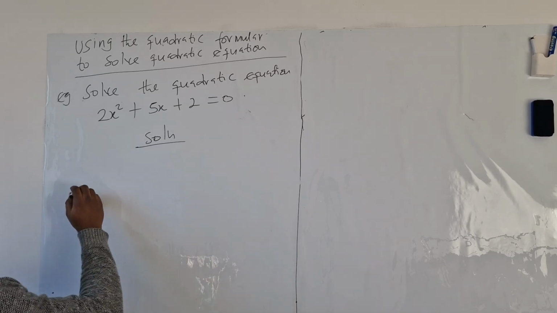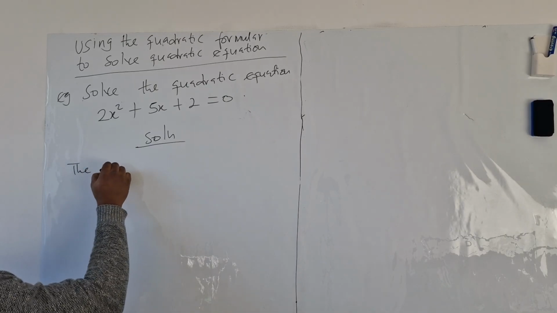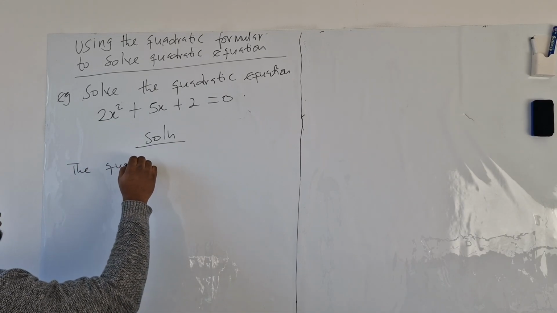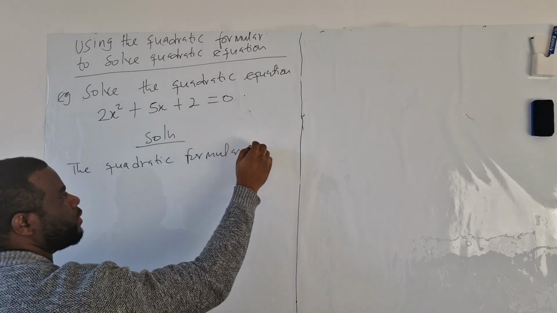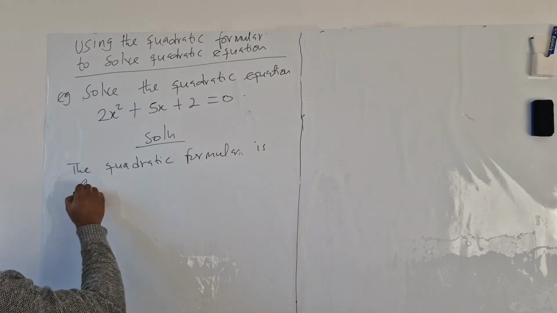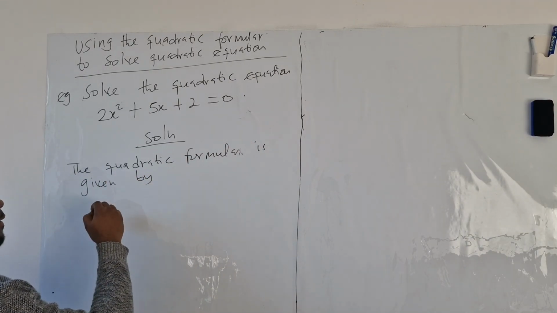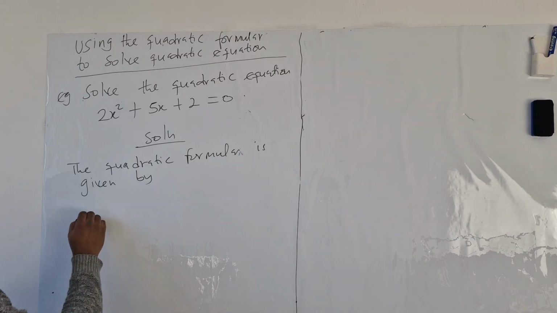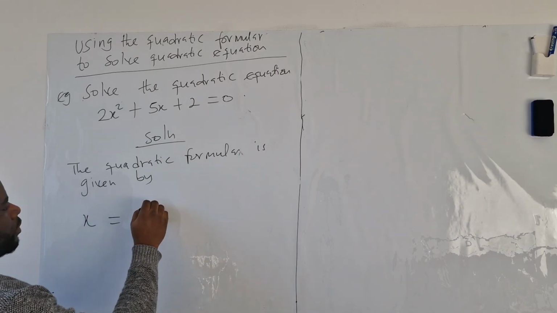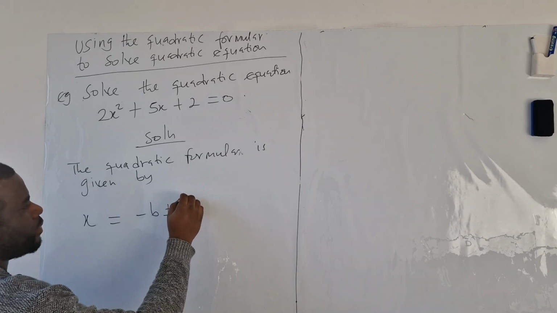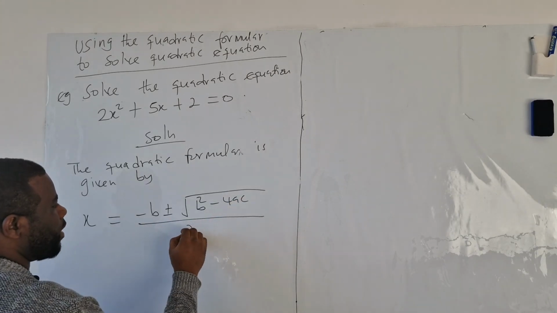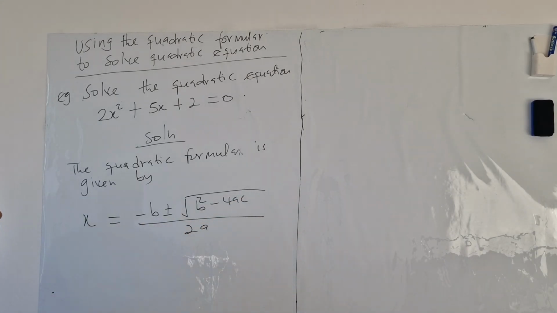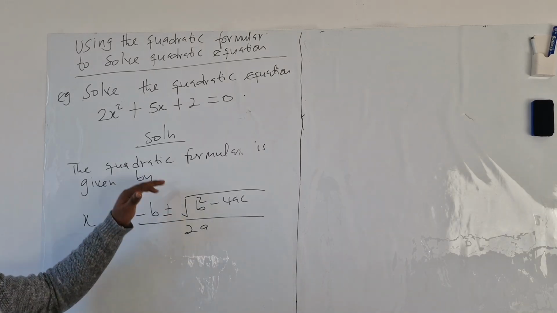The quadratic formula is given by x equal to minus b plus or minus square root of b squared minus 4ac, all divided by 2a. So we're going to use this formula to solve this quadratic equation.